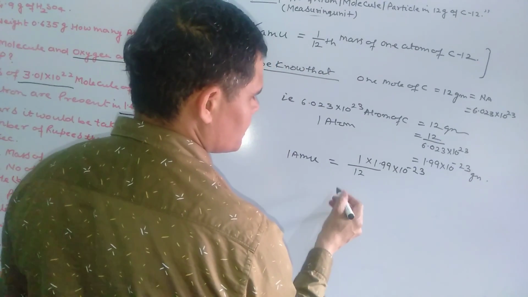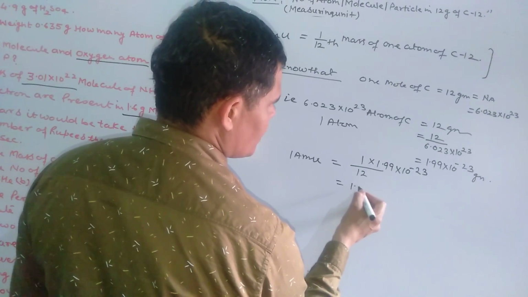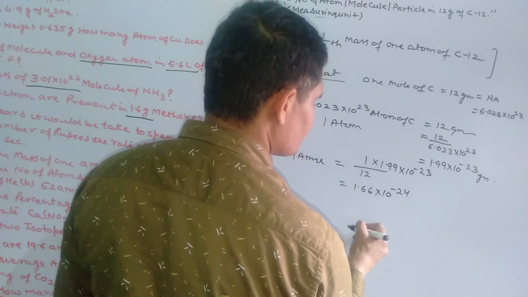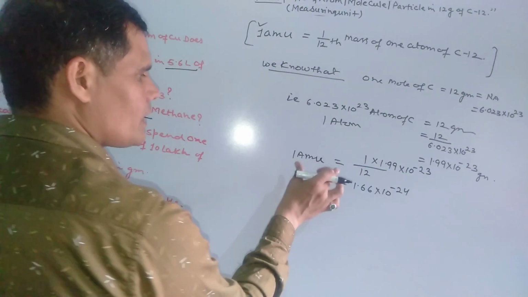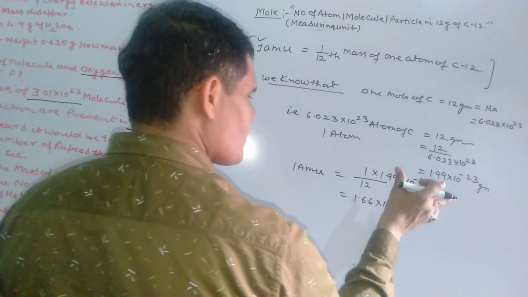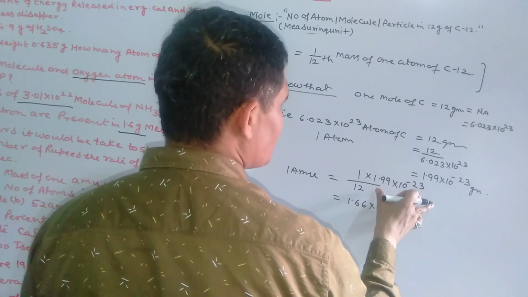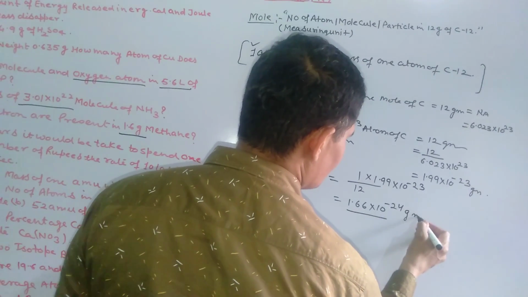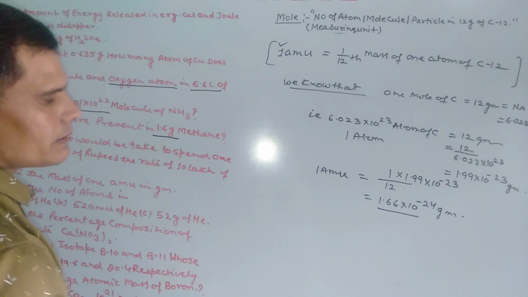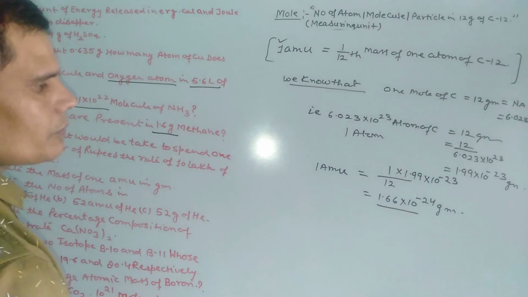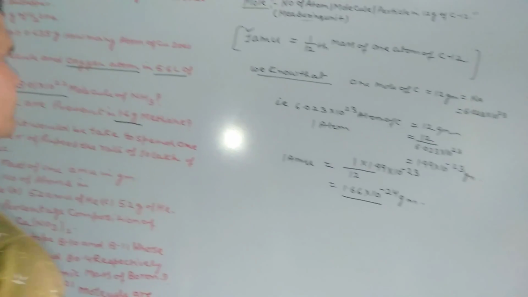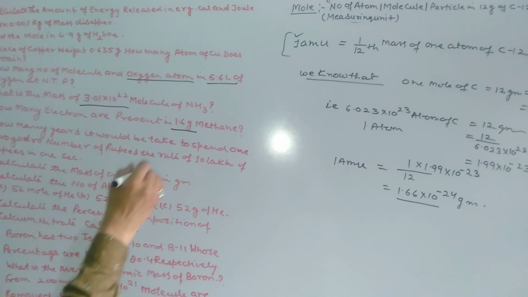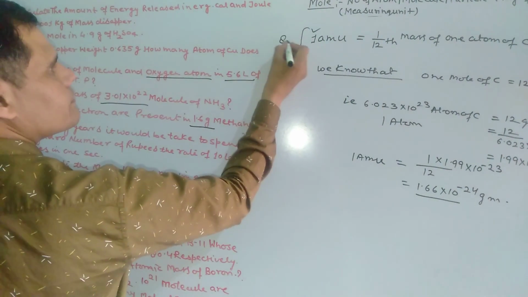It means it will be 1.66 into 10 to the power minus 24. 1 upon 12th mass of one atom of carbon 12 is equal to 1.66 into 10 to the power minus 24 gram. Next one, this is the question 8.